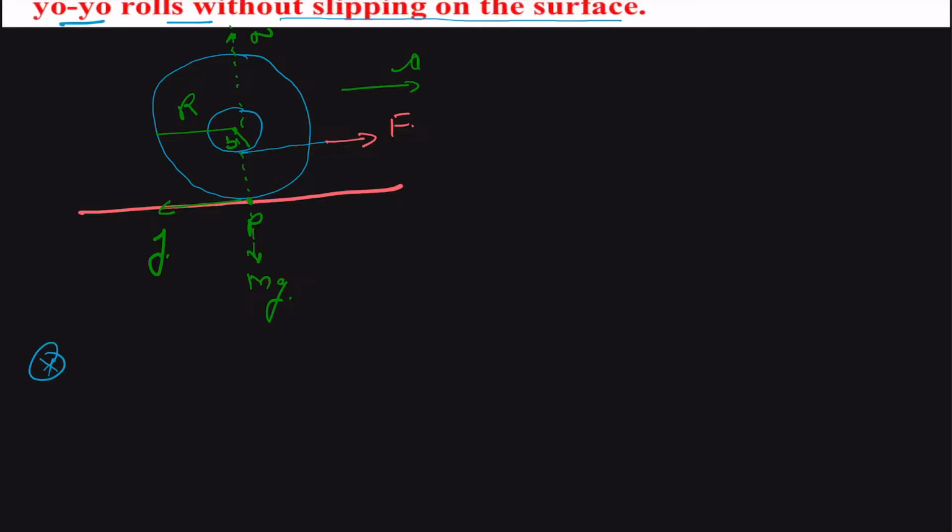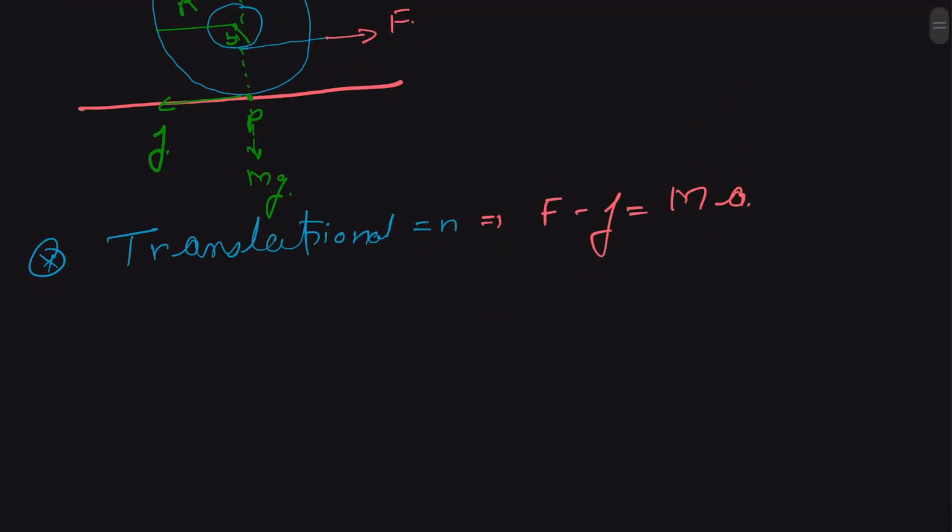So first we start with our translational equation. The translational equation gives us that the force minus frictional force will be equal to mass into acceleration. And next we can say that there will be a rotational equation.